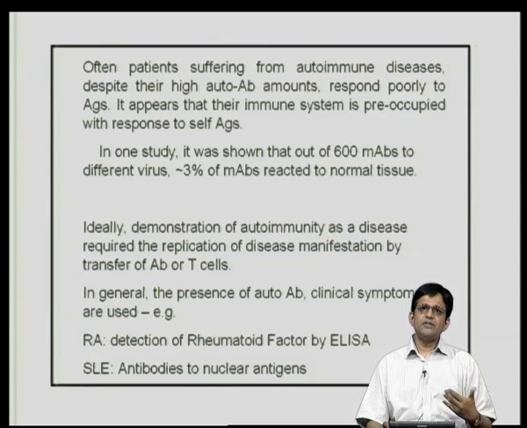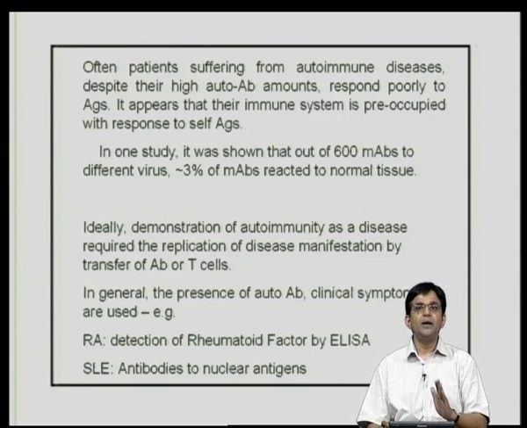Now, in the process of generating immune responses, it is possible that in some cases a small minority of these immune responses are directed towards self. In fact, when 600 monoclonal antibodies against different viruses were studied, it was found that about 3% of these monoclonals also cross reacted with normal tissue.